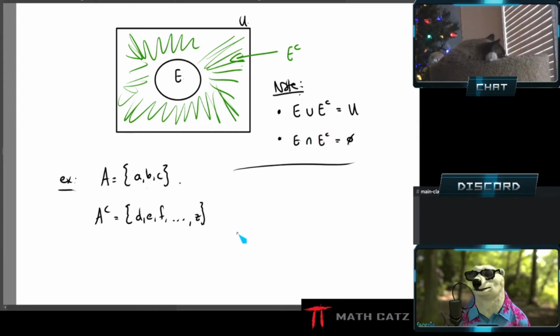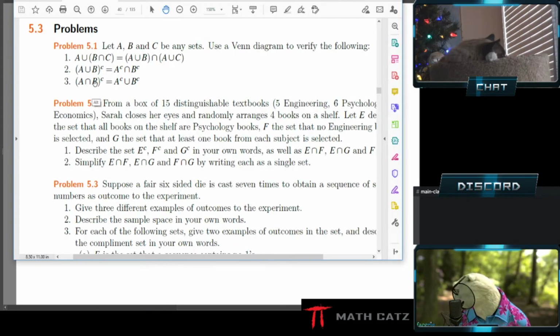So now, let's see. I want you to definitely do number 1 in problem 5.1 first. Be perfectly happy with your strategy, how you're using colors, what to look at when, how to work systematically, all of those things.